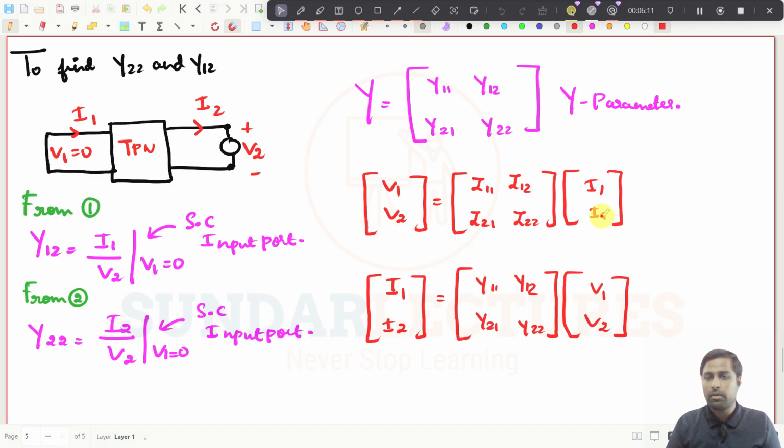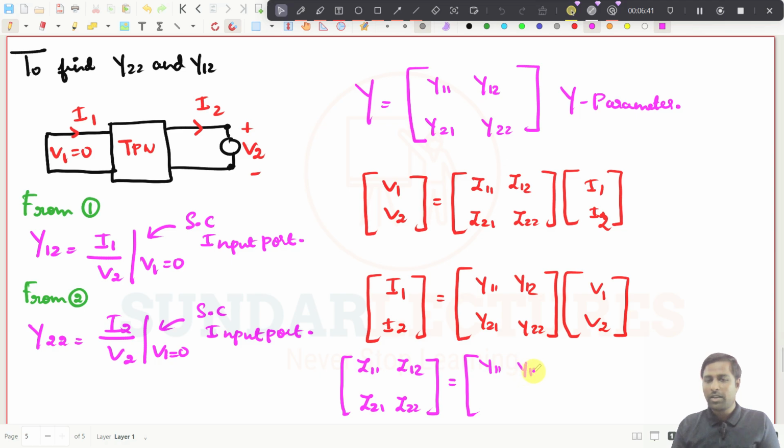If this Z parameter is brought to the other side, then you can easily relate that Z11, Z12, Z21, Z22 is nothing but Y11, Y12, Y21, Y22, the inverse.